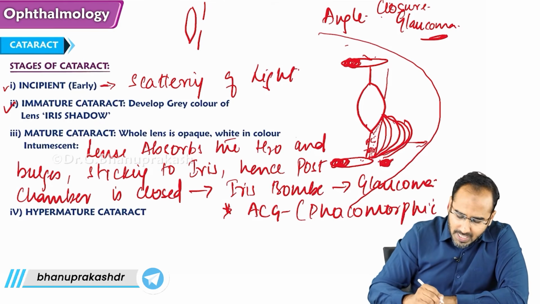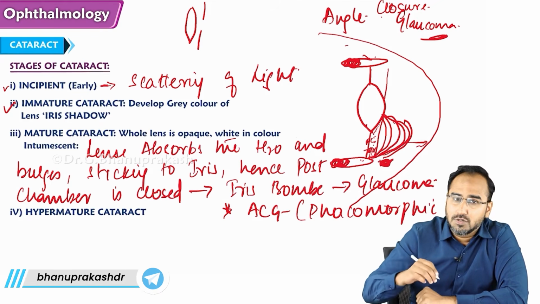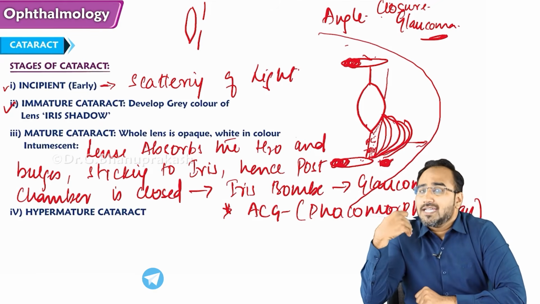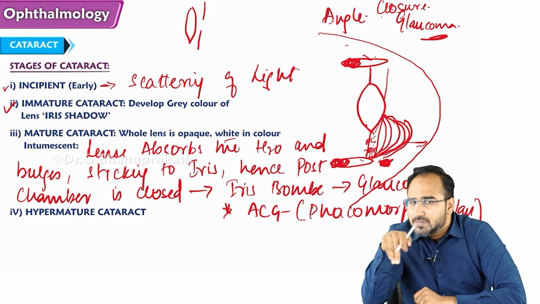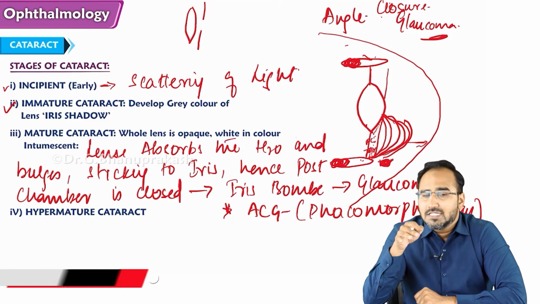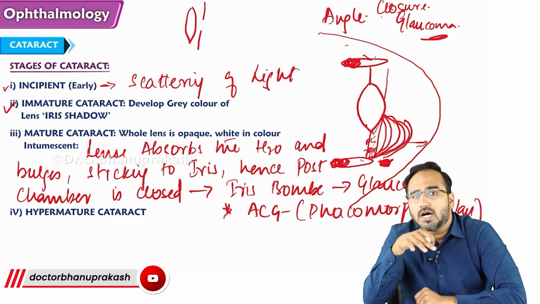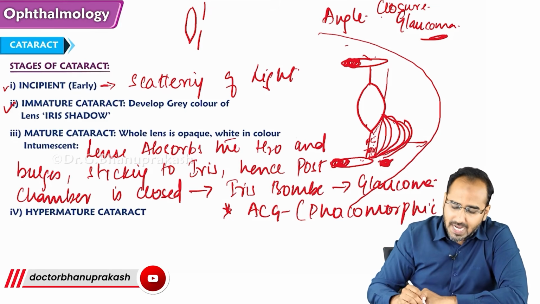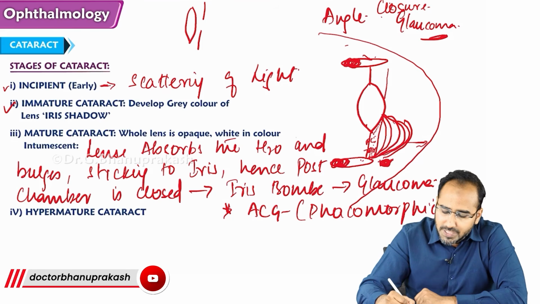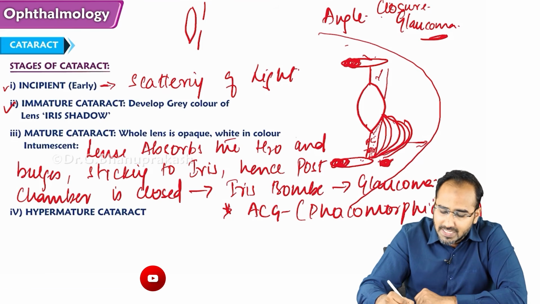So remember, in hypermature cataract, the lens loses all the water that is inside it. Apart from that, the lens is made up of crystalline proteins, yes or no? Those crystalline proteins are also lost from the lens. In the mature stage, the lens was bulged like this.